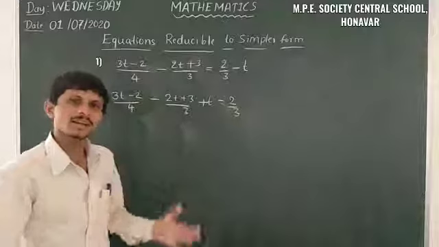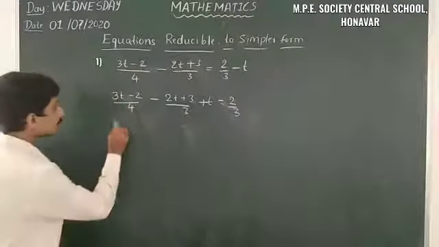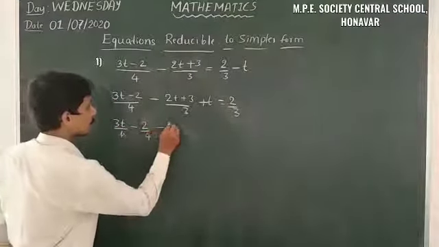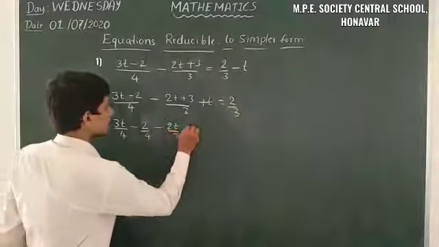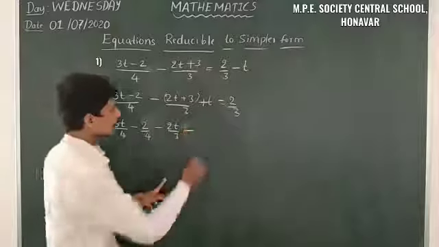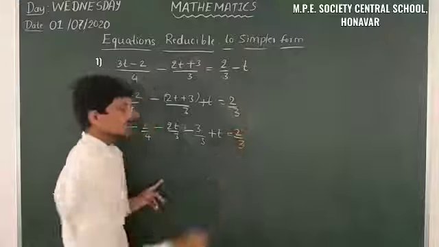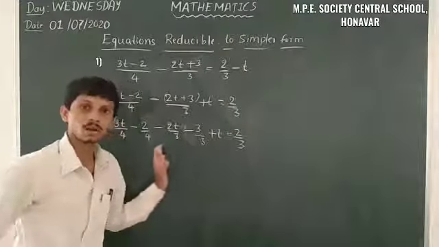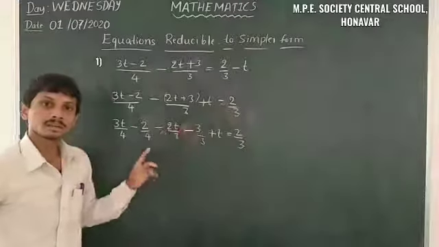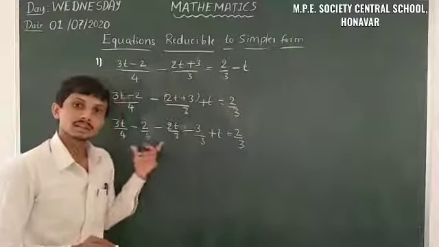We can also simplify that. So here I will write this as 3t by 4 minus 2 by 4 minus 2t by 3 minus 3 by 3 plus t is equal to 2 by 3. I will transpose all the constants to the RHS side and keep the terms that have t on the LHS side.